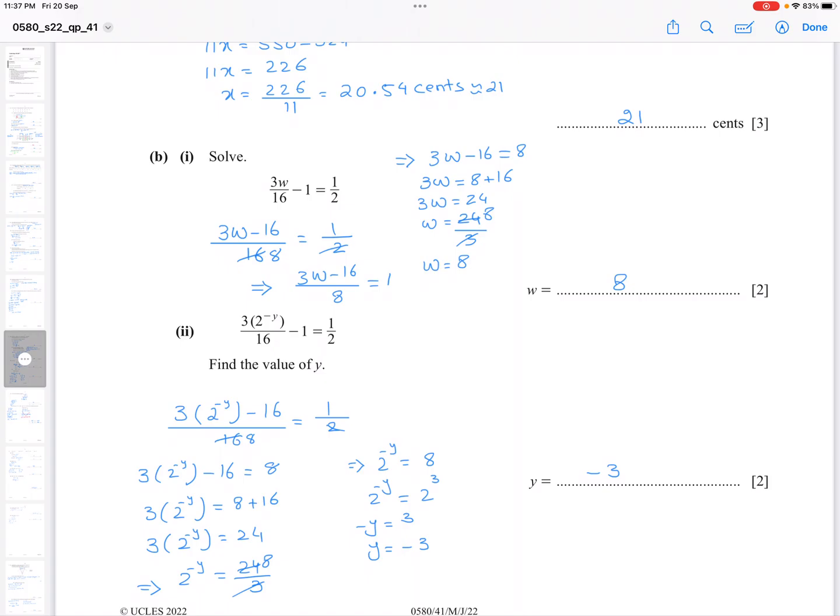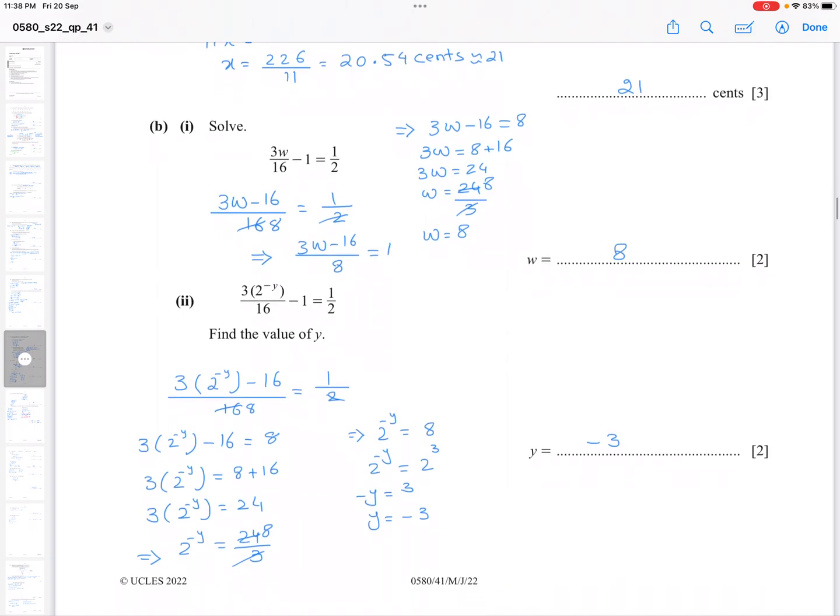So you write now 3 times 2 power minus y minus 16 is equal to 8. Then 3 times 2 power minus y is equal to 8 plus 16. In the next step, that becomes 24, and 2 power minus y is equal to 24 divided by 3, which is 8.